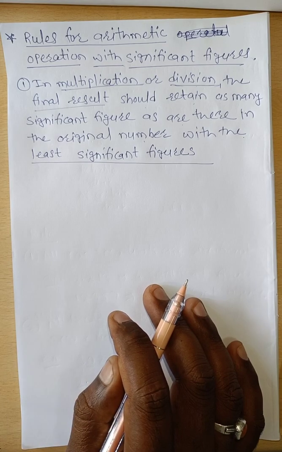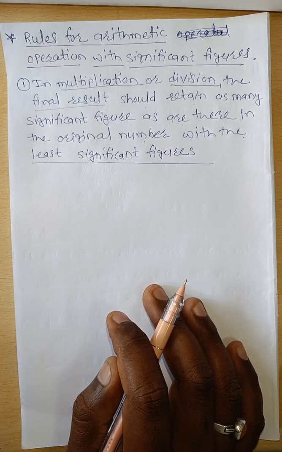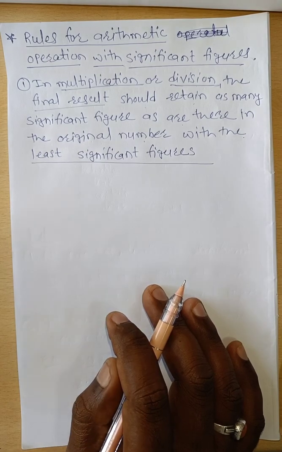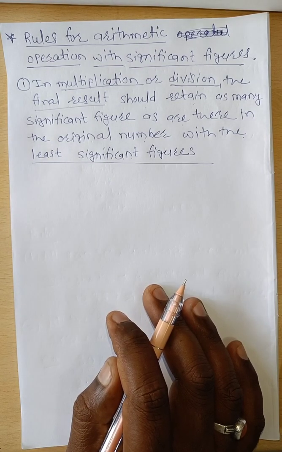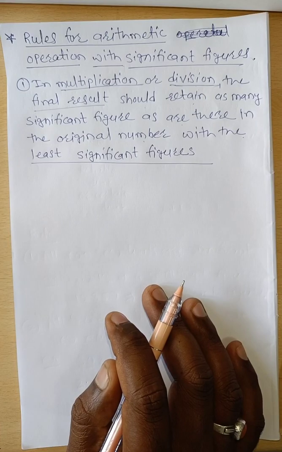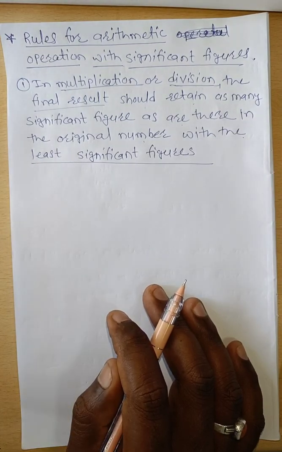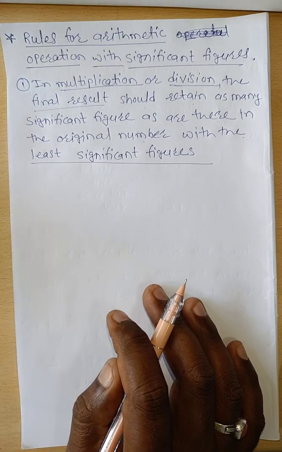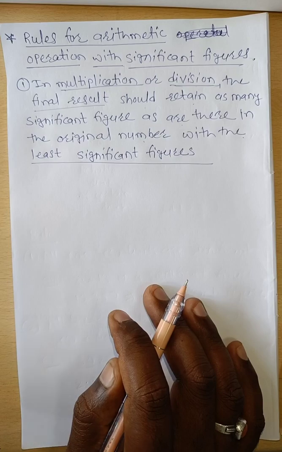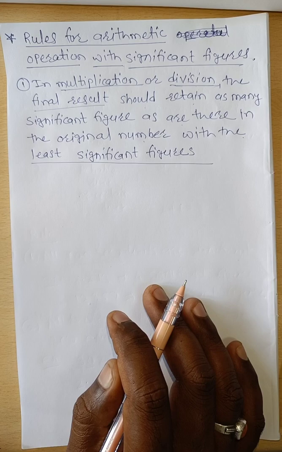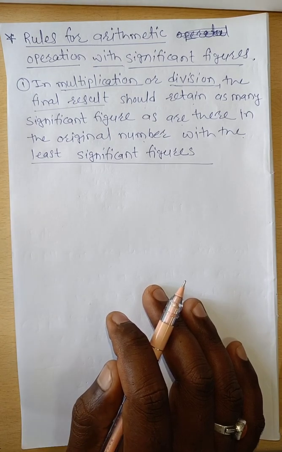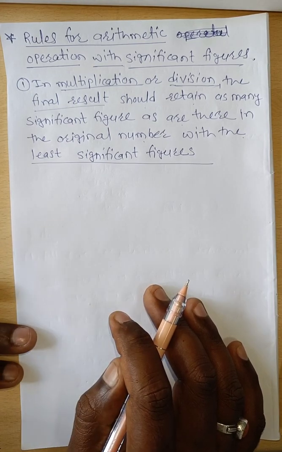When you get the final answer, it should have the lesser number of significant figures of the two numbers. Suppose the first number has 4 significant figures and the second number has 3 significant figures, then the answer should be in 3 significant figures. Means 3 significant figures is less as compared to 4. Therefore the answer should be in 3 significant figures.